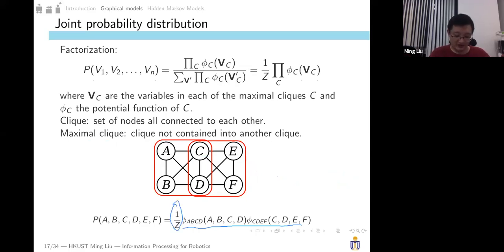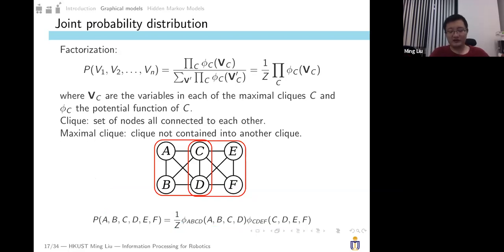And there's a normalizer. You don't care about the normalizer in most cases, because no matter how you analyze the states, maybe A is true or false, or 1 or 2, it doesn't matter. It doesn't change the evidence, right? Z is the evidence.